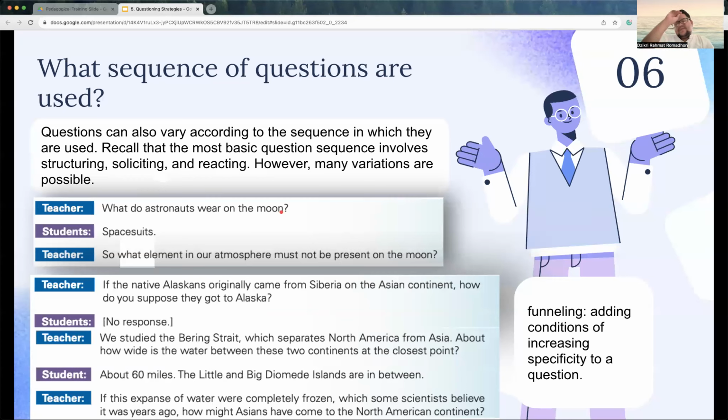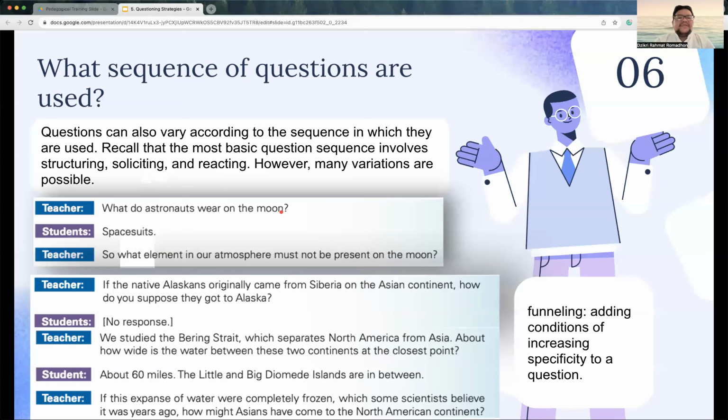And then you have to make sure that the next question will give the student a hint. Why do astronauts wear spacesuits? The next question is, so what element in our atmosphere must not be present on the moon? Yeah.